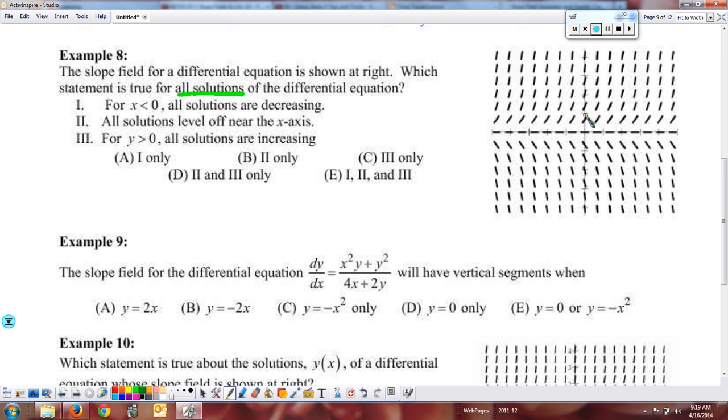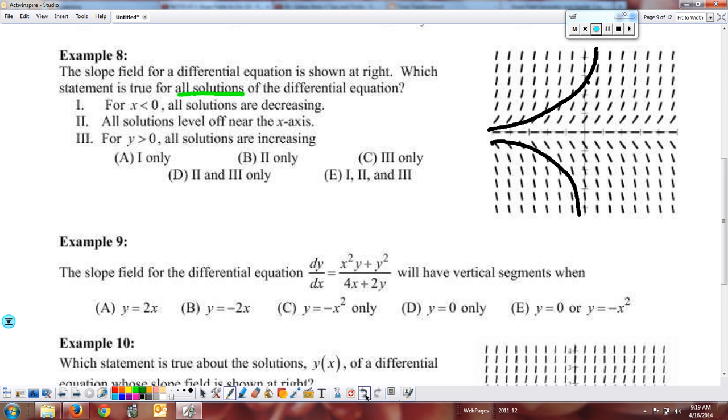Well, if I look over here and if I were to draw, say, a solution here, this solution appears to be increasing, but if I'm over here, then it would be in a decreasing fashion. I would go with the answer that is no, because it depends on whether you're above or below the x-axis, but x less than 0 is both here and here.